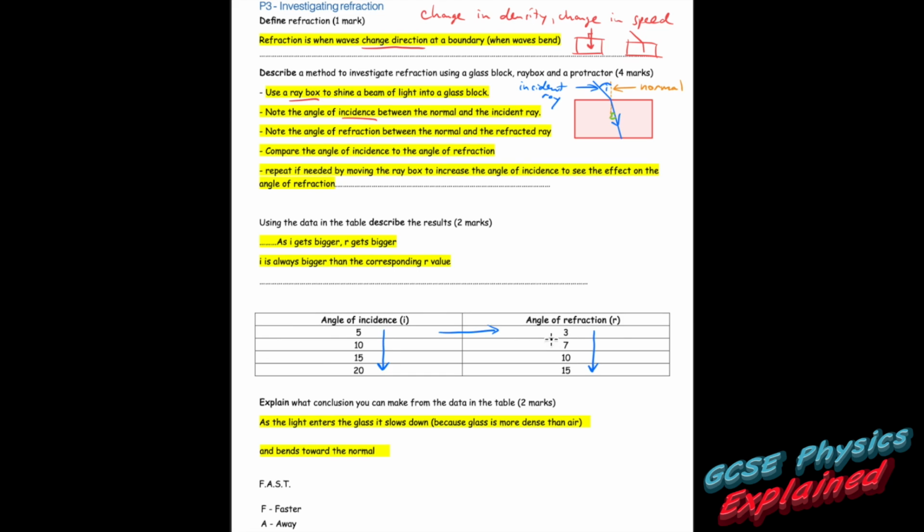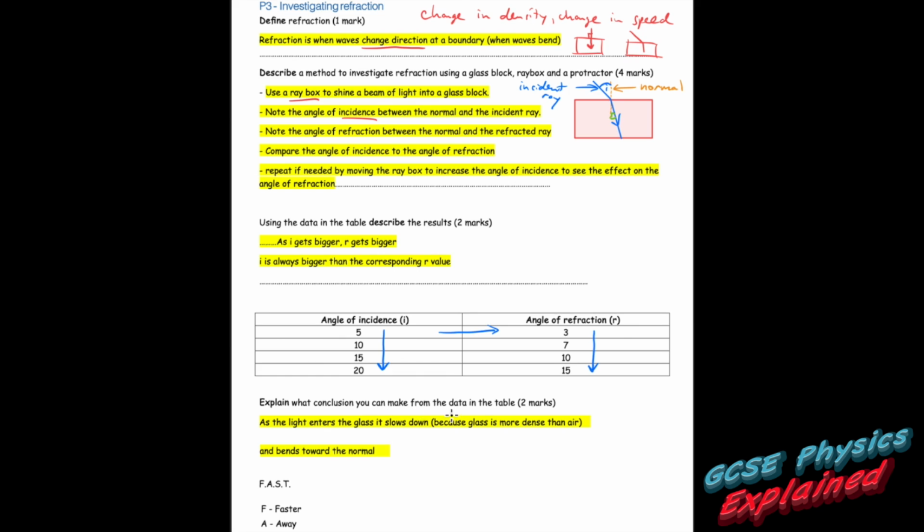So 3 is smaller than 5, 7 is smaller than 10, 10 is smaller than 15, and 15 is smaller than 20. So as I gets bigger, R gets bigger, and I is always bigger than the corresponding R value.